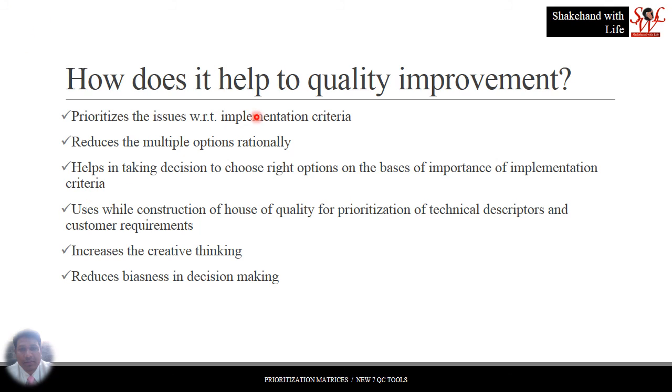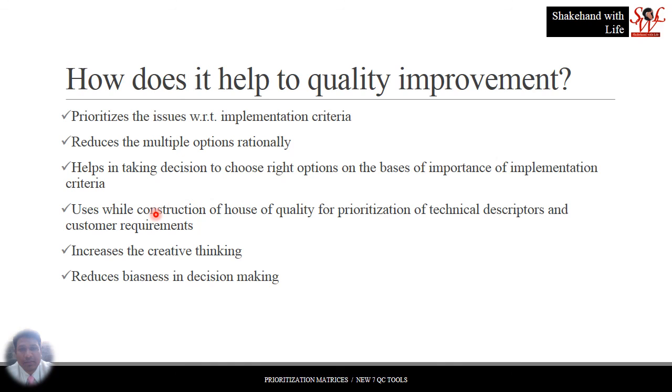Now, how does it help in quality improvement? The prioritization matrix prioritizes the issues with respect to implementation criteria. It reduces the multiple options rationally. It helps in taking decisions to choose the right options on the basis of importance of implementation criteria.